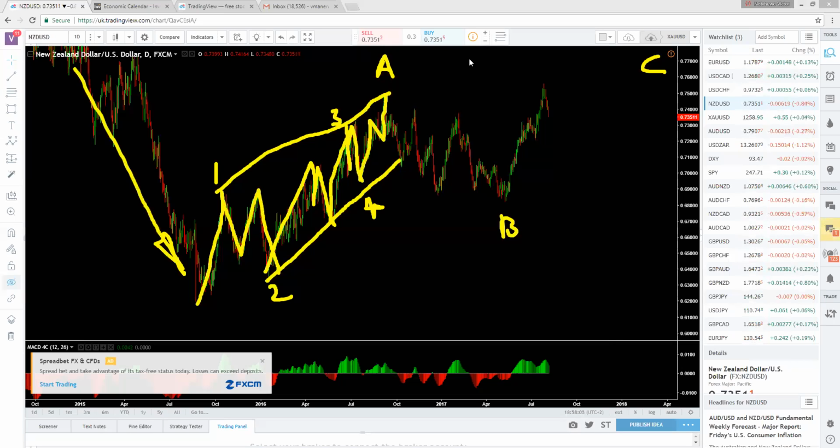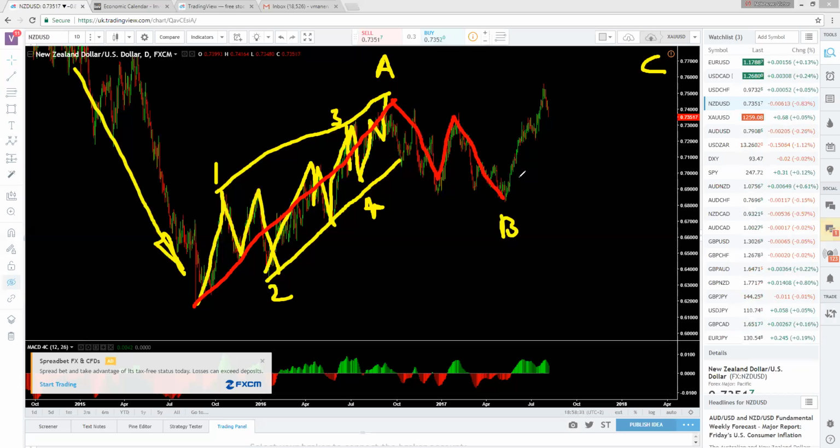And then, if you were to look at this as one wave, that whole wave A, do you not see that it is doing exactly the same thing, but now in the higher degree? Impulse, and then a correction.